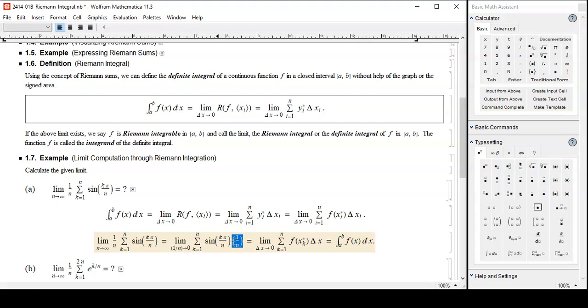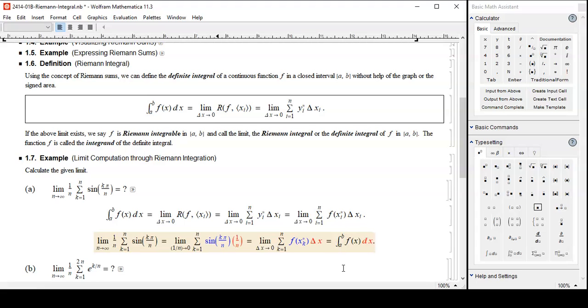So 1 over n, which I just highlighted in red, is delta x. And that's going down to 0, right? So getting infinitesimal, that's going to dx. Is that clear? Now, the problem is this one, the function. What is my function? Let's postpone that. Now, what is this integral?